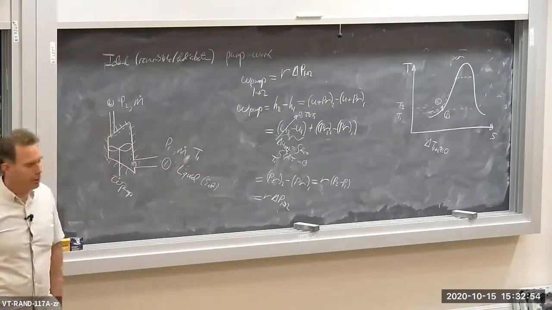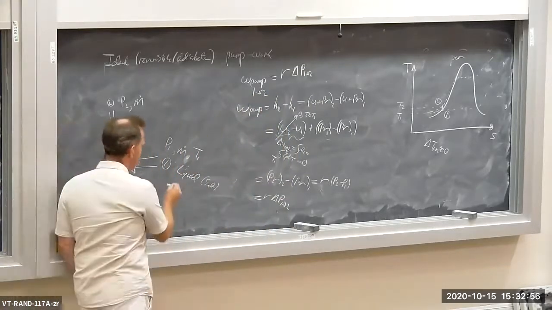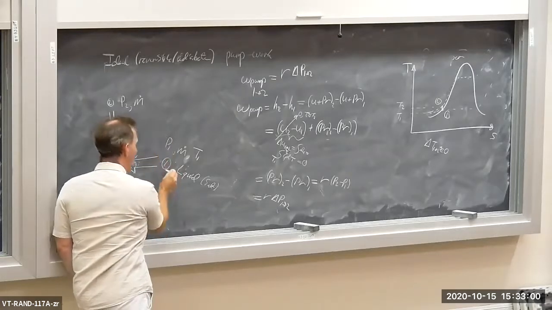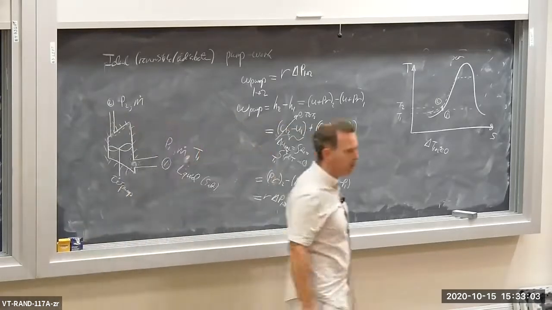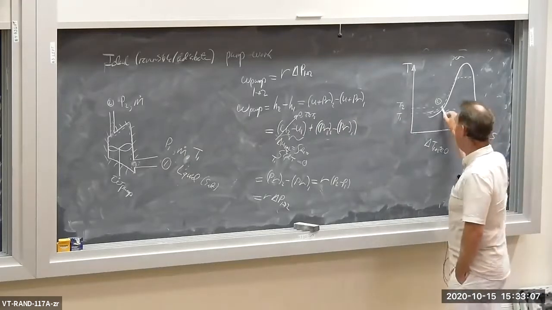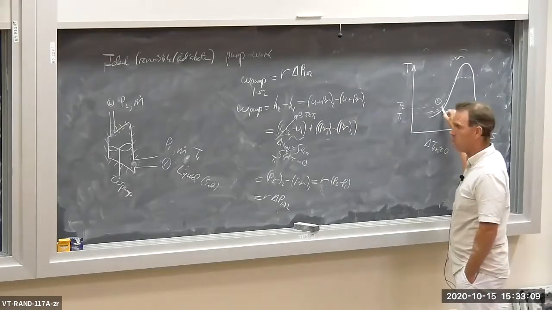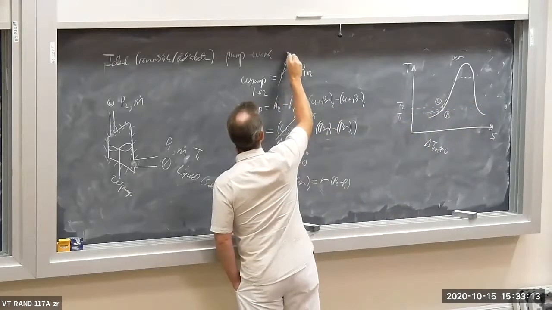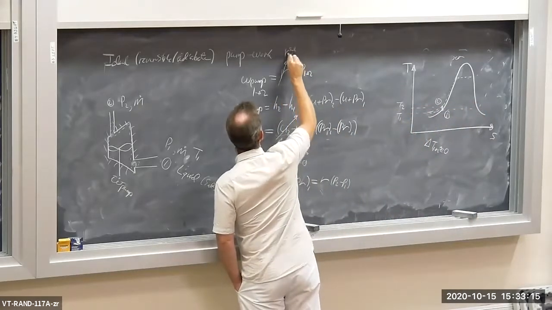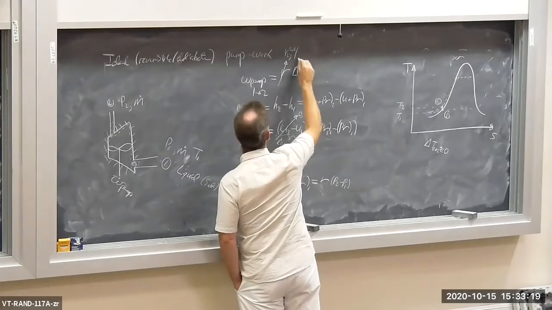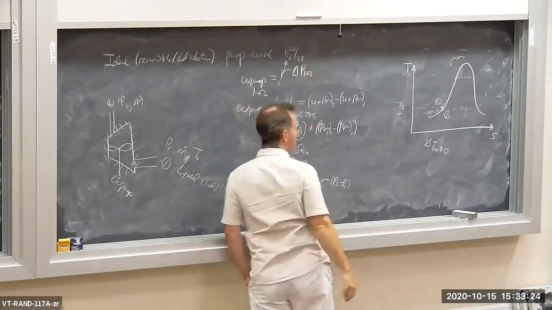Now you might ask yourself, what specific volume should I use? If they're both basically the same, which is the easiest specific volume to use when I do calculations? I would use the specific volume of the saturated liquid evaluated at state 1, so T1 or P1.